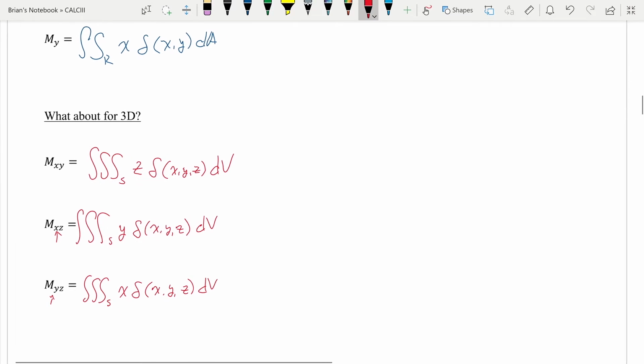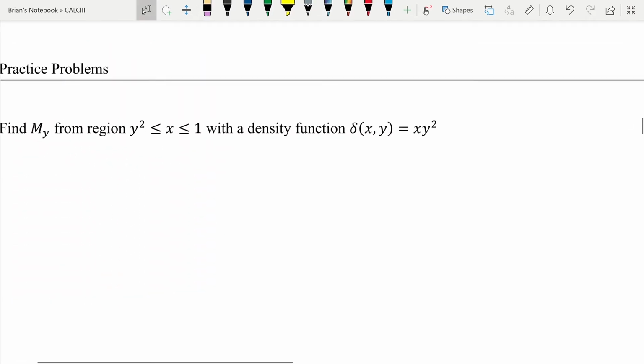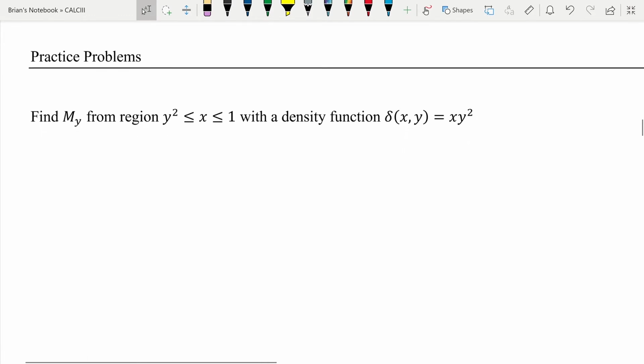So now that we kind of know what we're talking about, let's look at a problem. Find My for a density function right here. So we saw this in the lecture on Friday. If you watched Butler's lecture, I'm going to challenge you guys to go for this right away. Try not to use your notes if you don't have to.